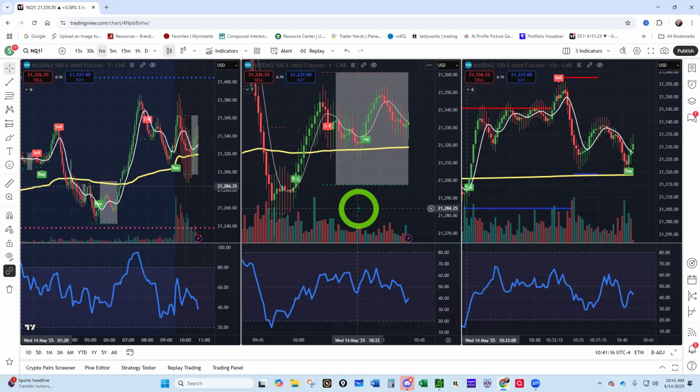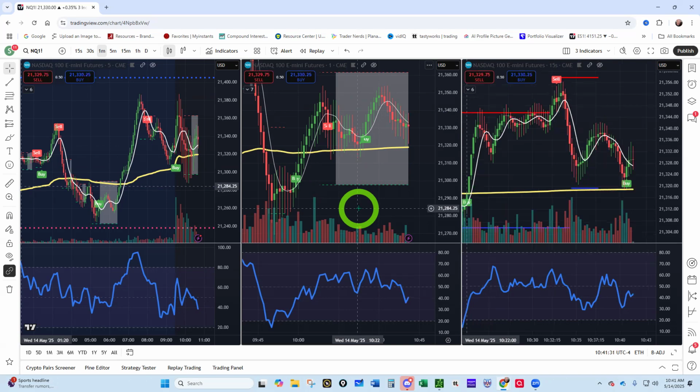Got a buy on the 15-second off the VWAP. Yep. This just isn't tradable. It's really not. We need movement with conviction for our strategy to work.